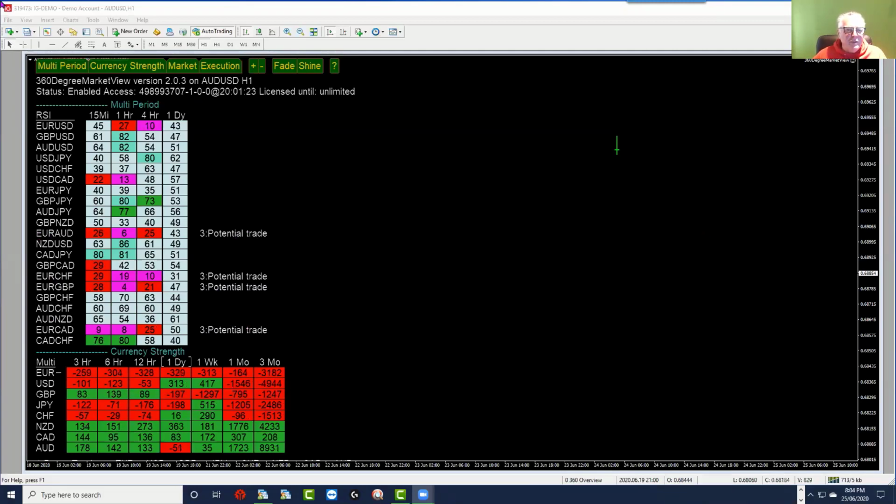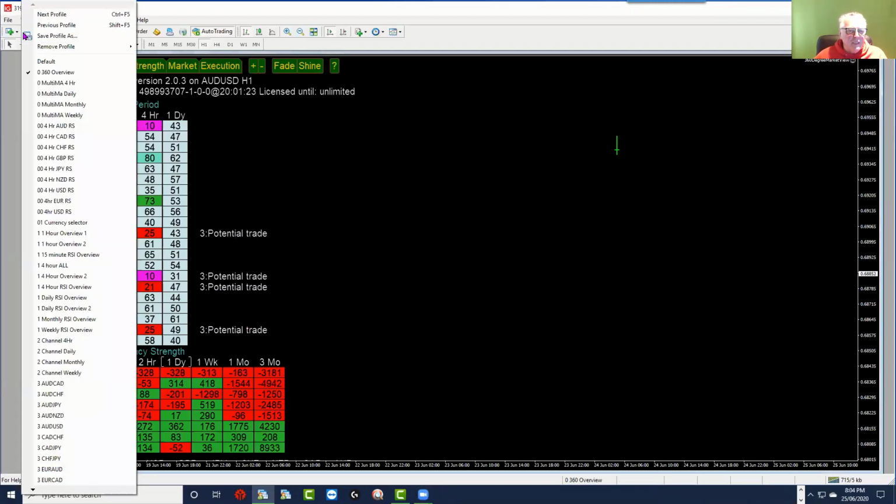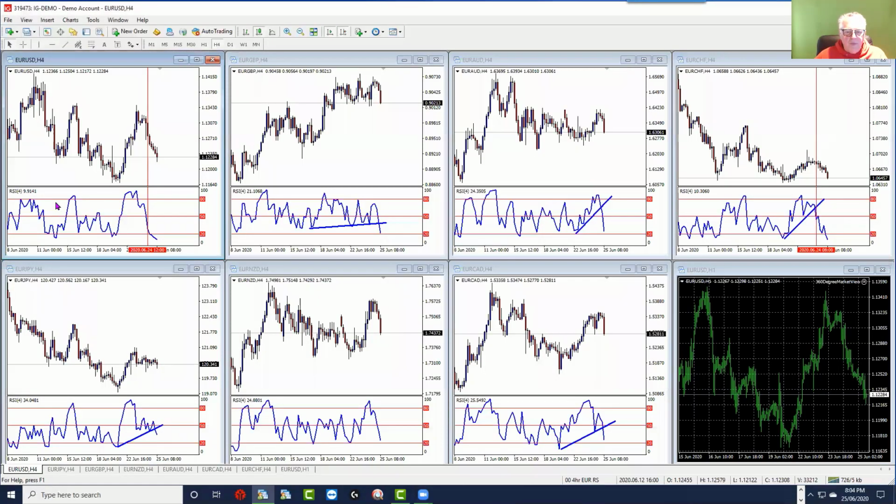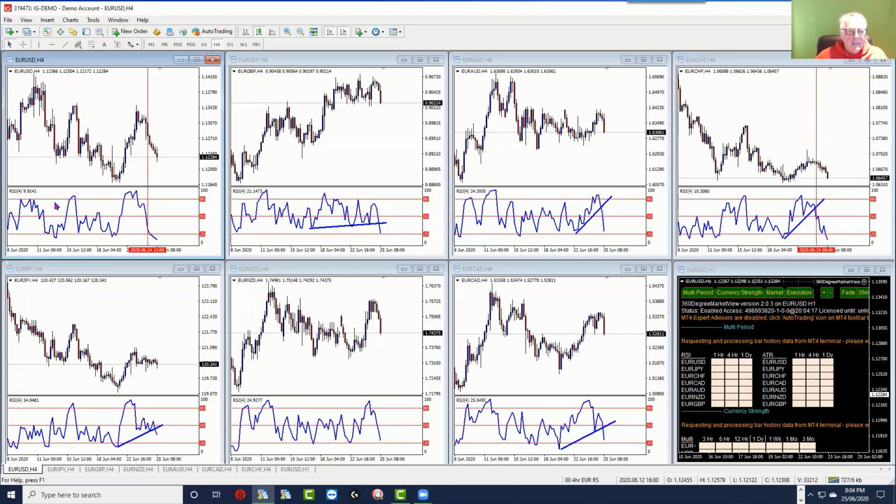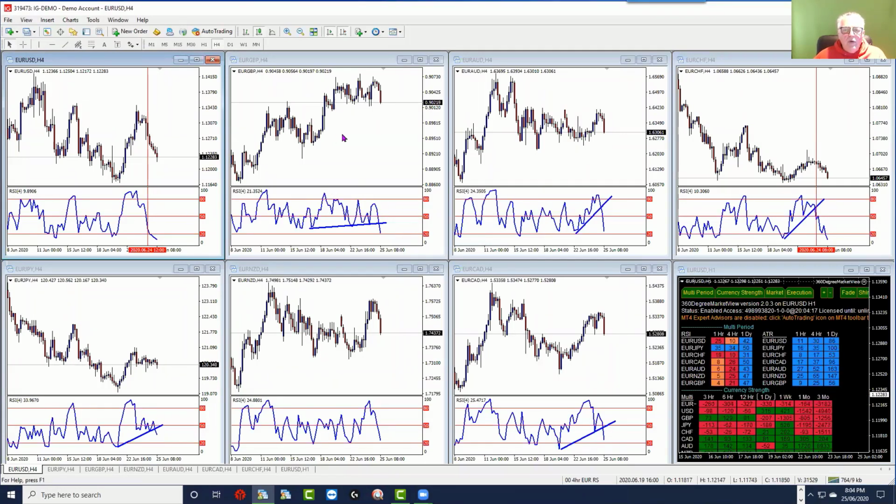So what I'm going to do is use a special set of charts that I have, and they are called the relative strength of the euro. What's shown on these charts, and hopefully that will be up to date, are all the euro crosses. So you've got the euro USD, pound, Oz, franc, CAD, New Zealand, and the yen.